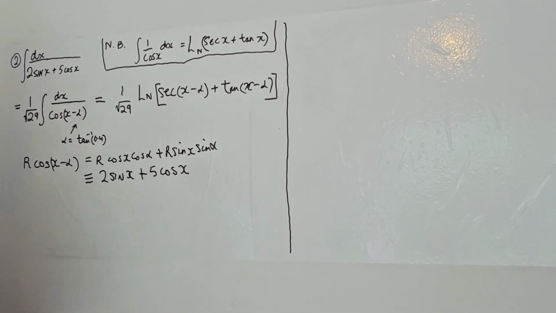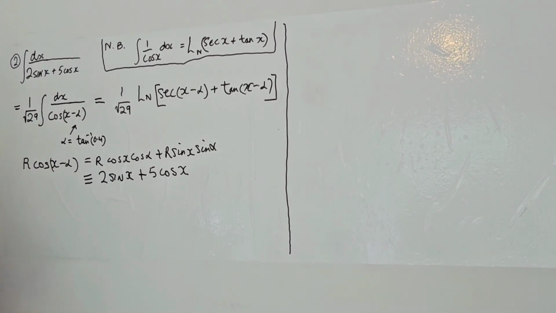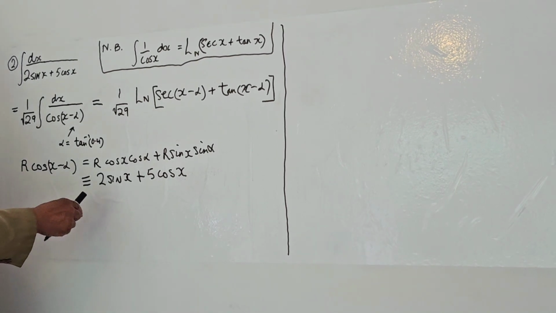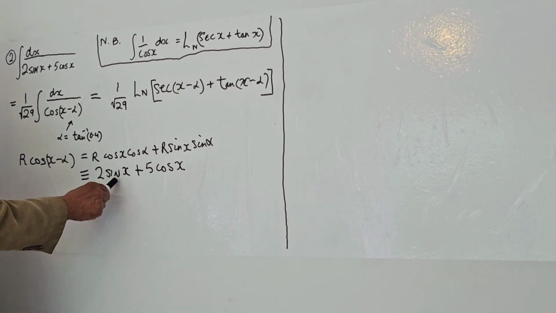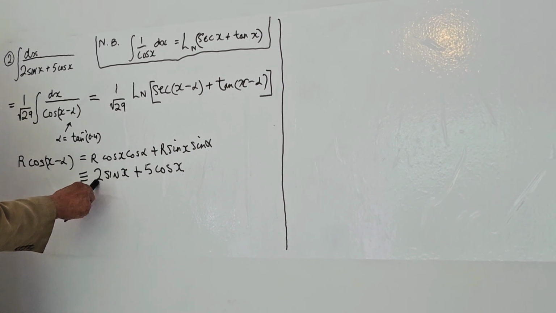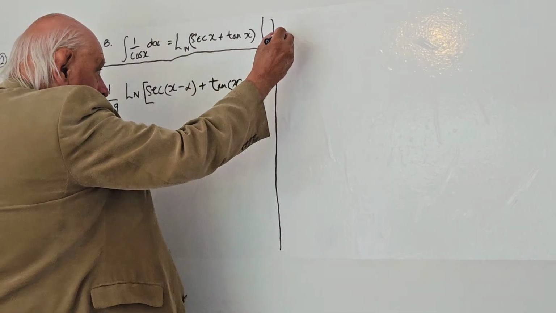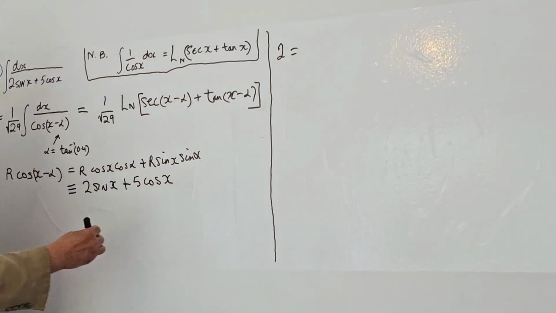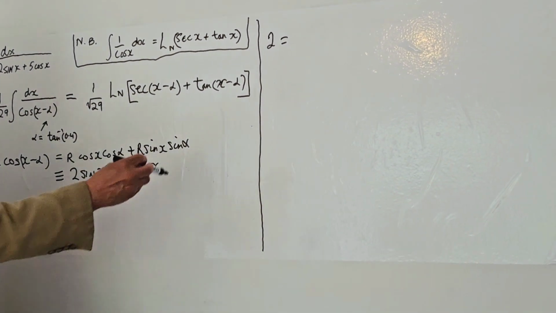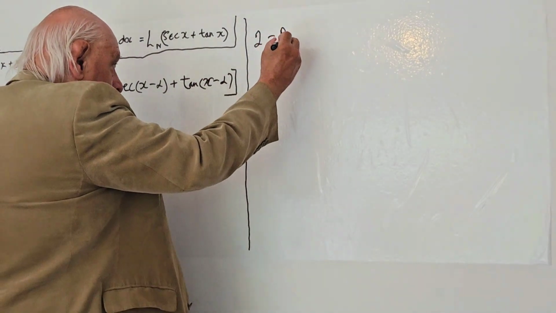Right, now then, equating coefficients, we have first of all the coefficients of sin x. The coefficient of sin x here is 2, and the coefficient of sin x here is r sine alpha.